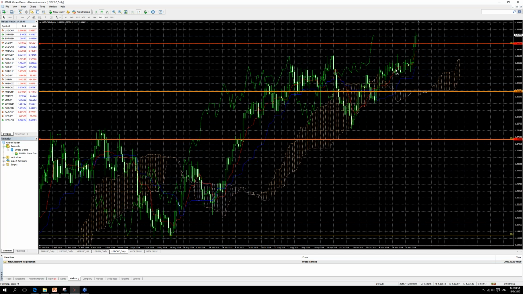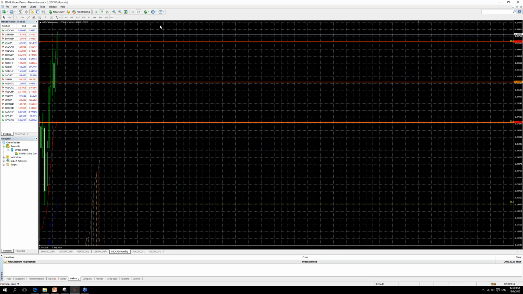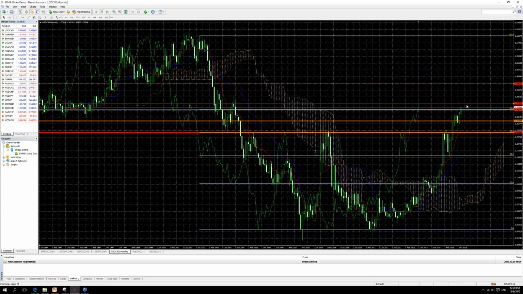I would target not so high at the moment, 1.37-ish, maybe a little bit lower, because we don't know the outcome of the U.S. Fed rate decision. If we see a surge, we can obviously extend our target higher.